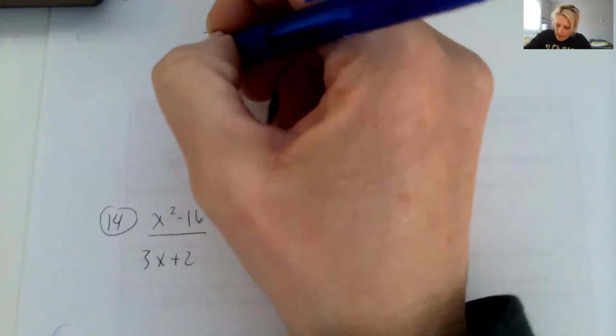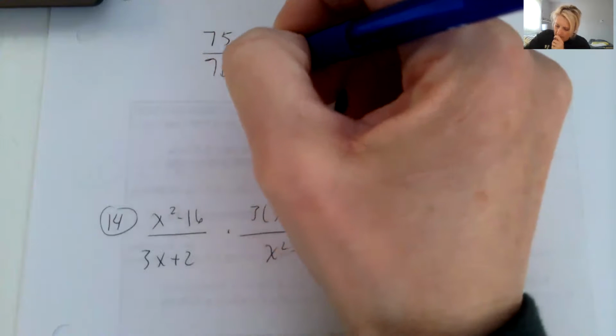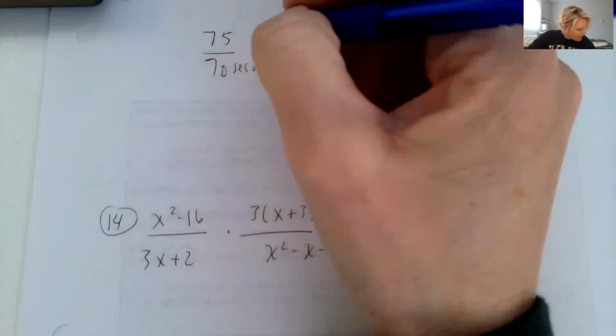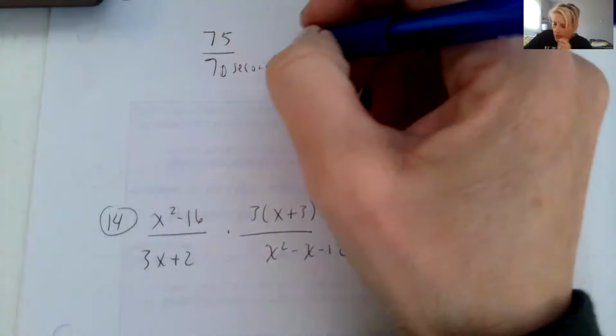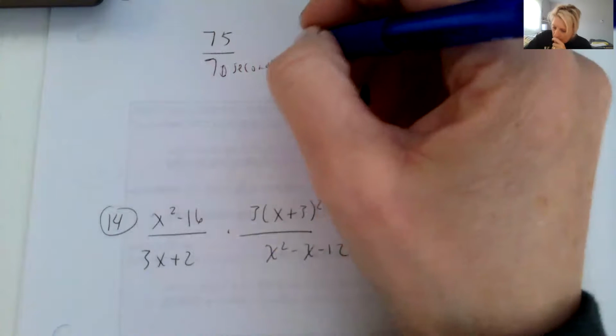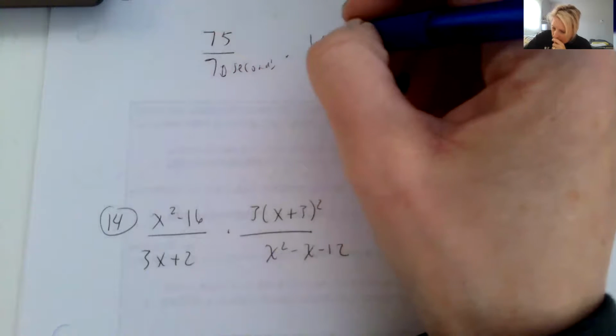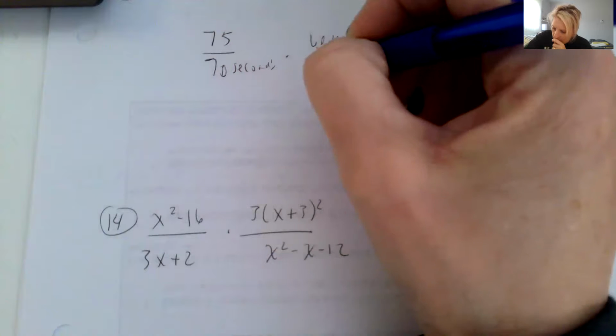So 75 feet in 70 seconds is, they wanted it in average speed per minute. So we just need to change this into minutes. So there's 60 seconds in 1 minute.